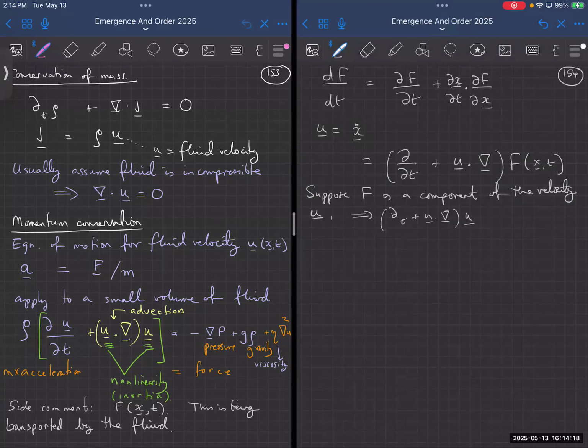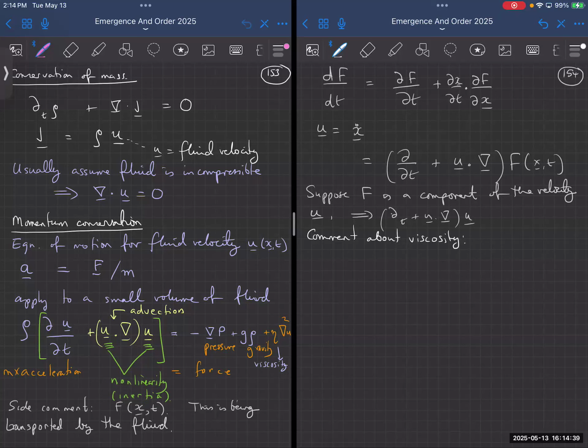Now let's make a comment about the viscosity. So we defined what the shear viscosity is a couple of lectures ago. We talked about how we measure it. So why does it come into the equation in this way?